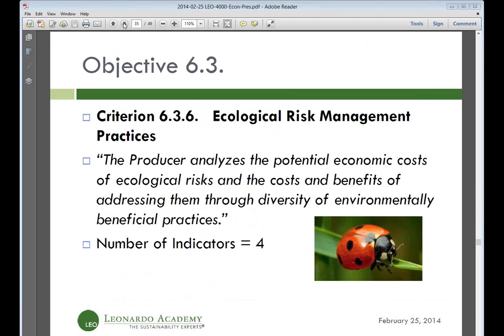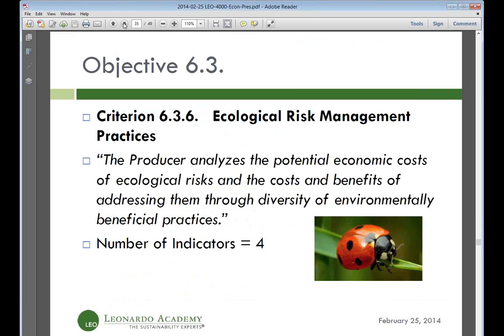This also addresses, to a certain extent, the effects of a given operation on the other operations in its watershed or in its community, because if there are ecological practices that affect other farms in your area, whether or not that's captured in the market economy in the prices that you pay or your neighbors pay for the inputs to their operation, it does, or it can have an effect on them, and their operation can have an effect on you as an operator.